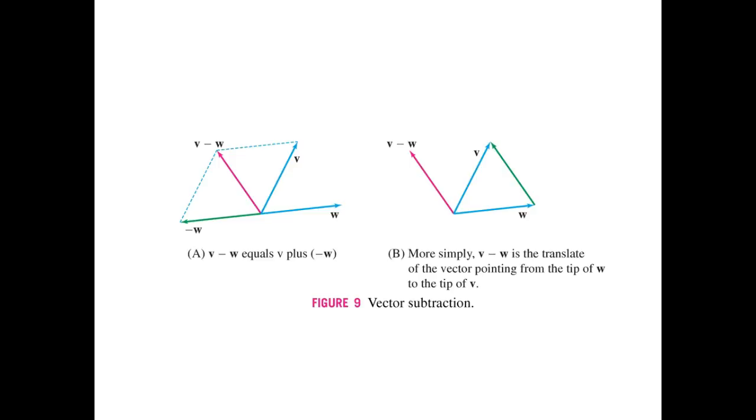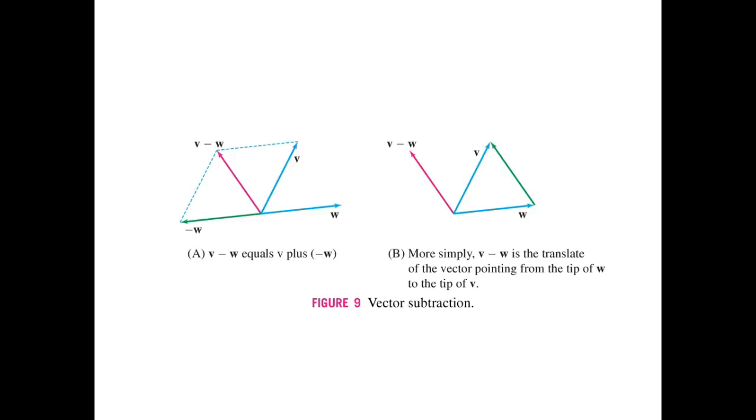Now, some people like to picture that as a sort of parallelogram thing too, and if you're okay doing it, it's fine. Let's say V minus W is equal to some vector, this red vector here.